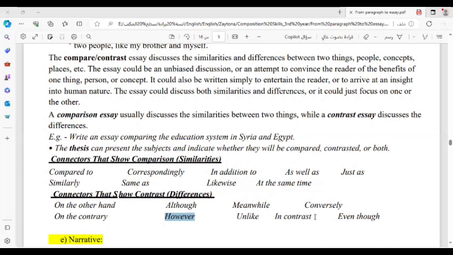"I was working on my car in the workshop. Meanwhile, my friend was cleaning his car on the other side." Ahmed, you are completely right. But meanwhile has two meanings. The first one, which you mentioned right now, is في هذه الأثناء or في غضون ذلك, the same meaning as while.